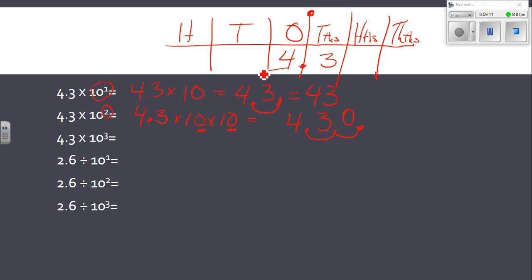Because we're moving it this way however many spots. 4.3 times 10 to the third, times 10 times 10. If we move our decimal place over again, 1, 2, 3 spots gives us 4,300.